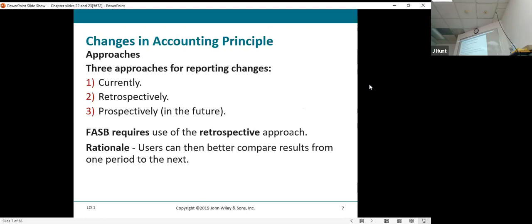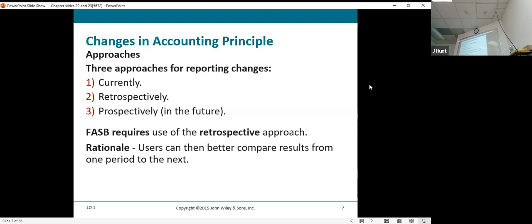we have three approaches in dealing with changes that are significant. So one is deal with it currently, so that in the current books, we make the change. So if we used, say, LIFO before, and now we go into average cost, we change to average cost in the current year, so that's current.